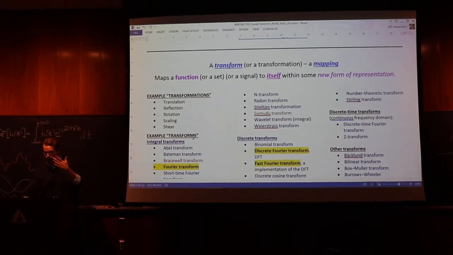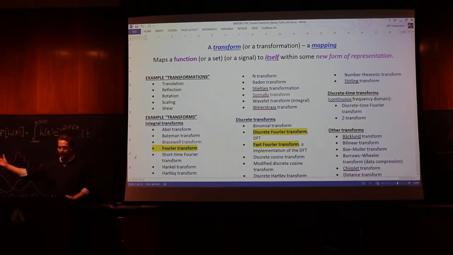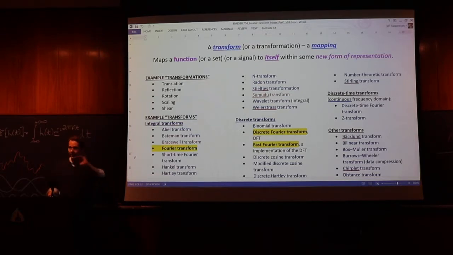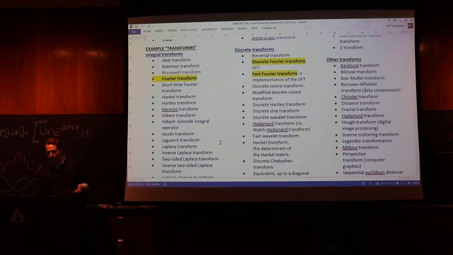That may sound very broad, but we're going to see many examples of that between a single domain, time or space, and what we call the frequency domain. There are many kinds of transforms, and the Fourier transform is a form of integral transform. And these are linked, just to Wikipedia. You can check them out.